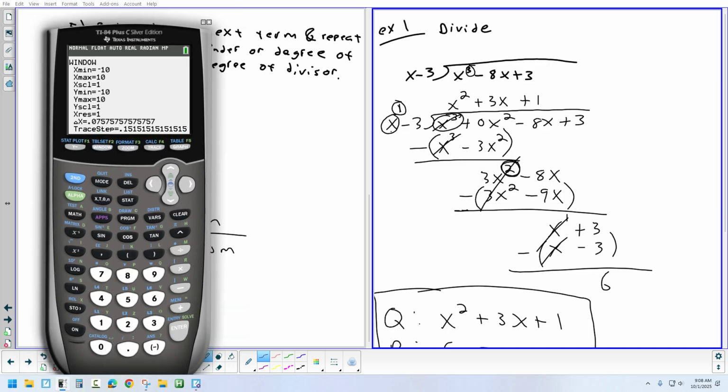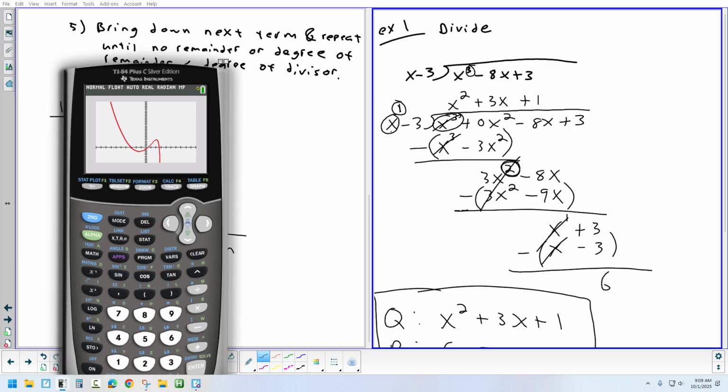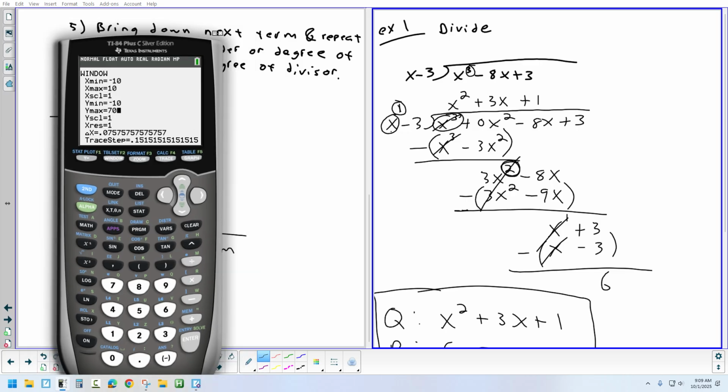If you set your y-max higher, you will see another part to it. So here's the part that looks like a parabola. And did I go high enough to see the other part? No, I guess I didn't. But eventually, if you did go high enough, you would see the parabola start to continue on the other side.